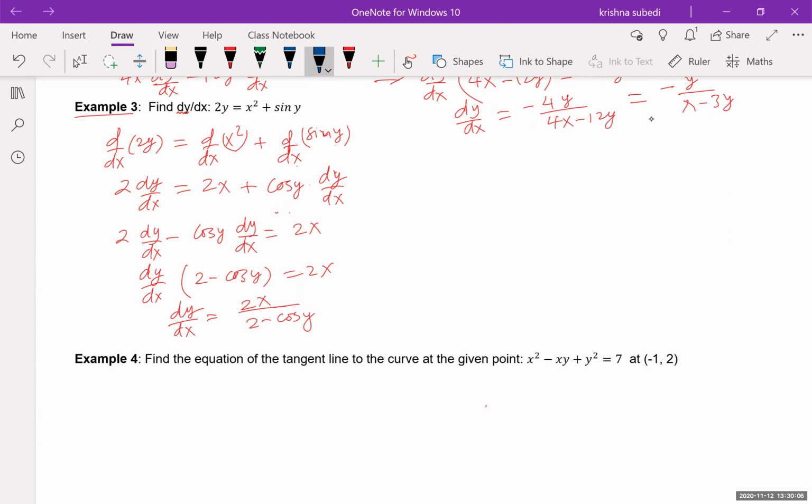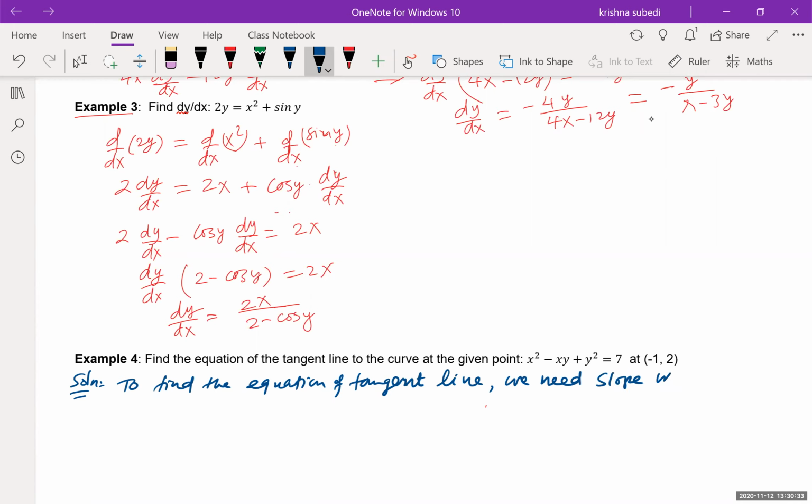So to find the equation of a tangent line, we need the slope. We need the slope of the tangent line, which is given by dy over dx.